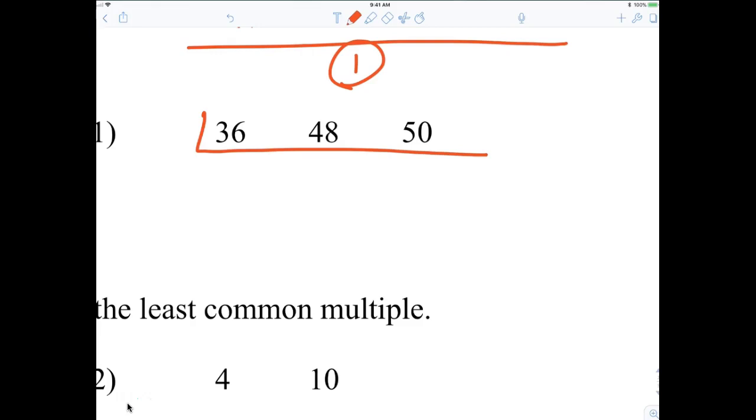What else goes into 36, 48, 50? 2. Let's do that. 2 goes into 30. The answer is now, guess what?